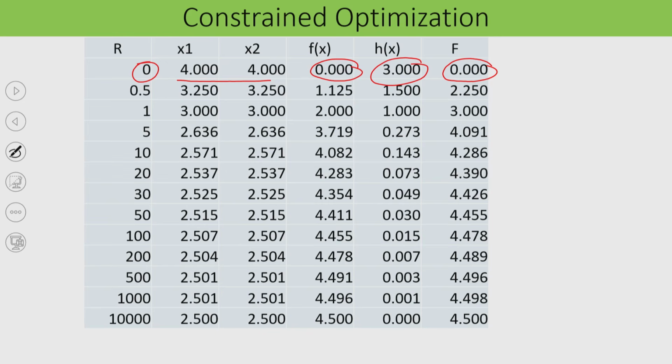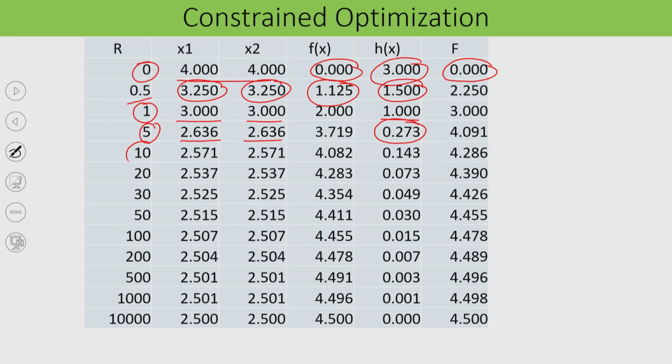So, now you increase your r. For r equal to 0.5, the solution is 3.25 and 3.25, f x is 1.125, and the constraint violation is 1.5. Then increase the r value to 1, and you get the solution 3 and 3, with constraint violation 1. For r equal to 5, you are getting 2.636, and the constraint violation is 0.273.